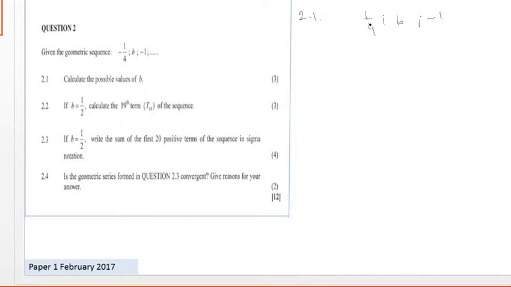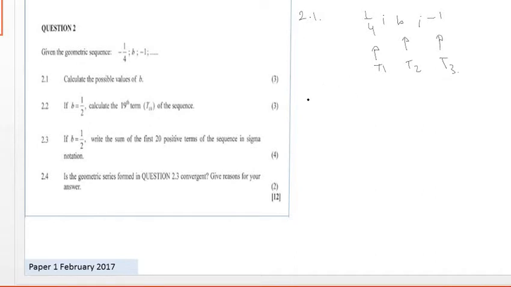So since we know that these terms are in geometric progression, it means the common ratio is the same. So we have the first term, the second term, and the third term.